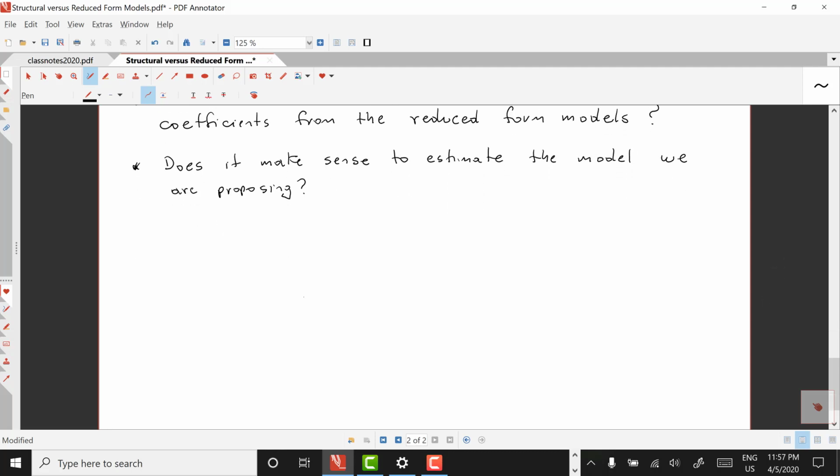For example, let's say you have a project and you decide that the model you should consider is the following. We have y1 as a function of y2, x1, x2, and an error term. And we also have this model: y2 as a function of alpha 1 x1 plus alpha 2 x2 and an error term.